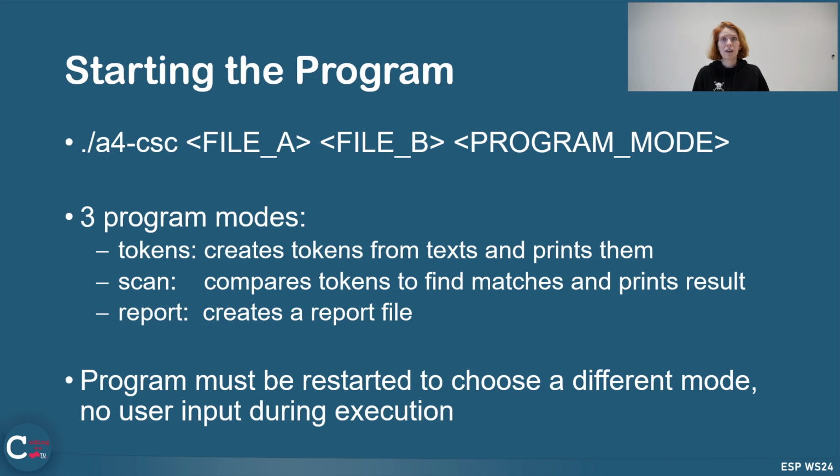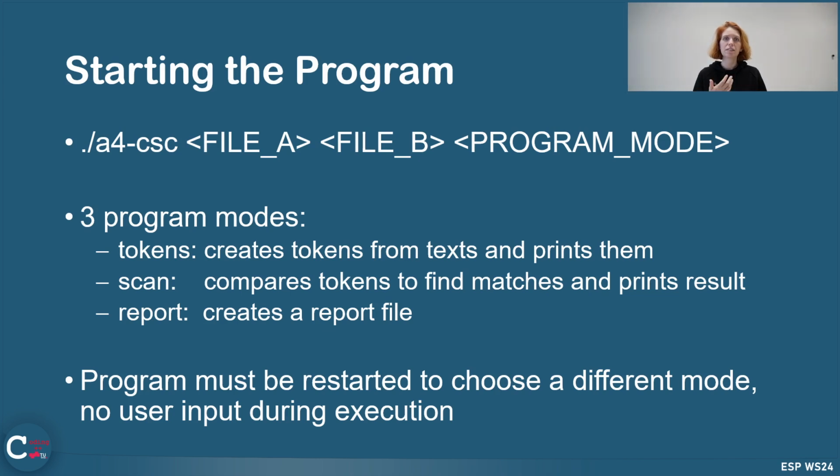Now I will give you an introduction about how the program works. This is all explained in more detail in the assignment description, but just so you have an easier time reading it, I will give you some examples now. When starting the program, you have 3 command line parameters. One is the path to the first file, the second is the path to a second file, and the third is a program mode.